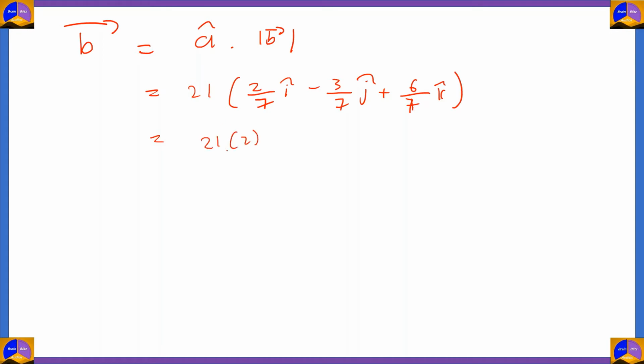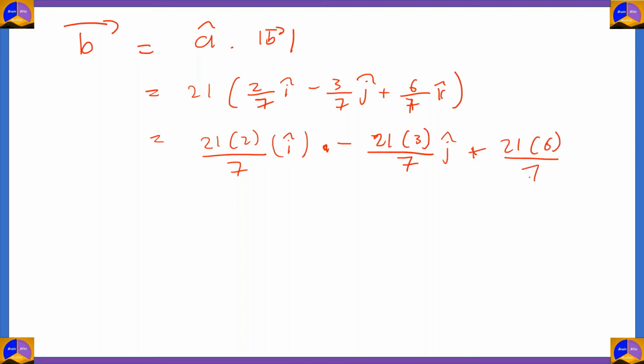So 21 into 2 by 7 i cap minus 21 into 3 divided by 7 j cap plus 21 into 6 divided by 7 k cap. So you know that 7 goes into 21 3 times across all of these.